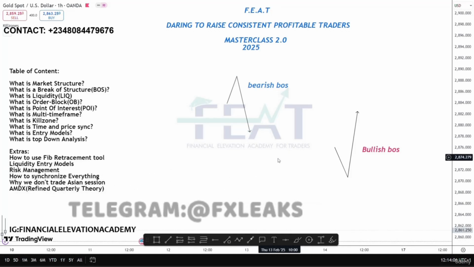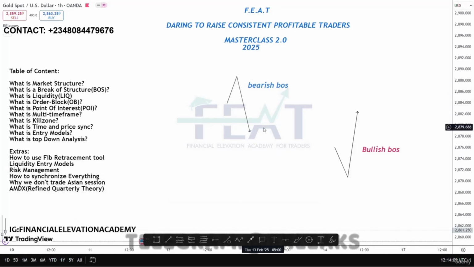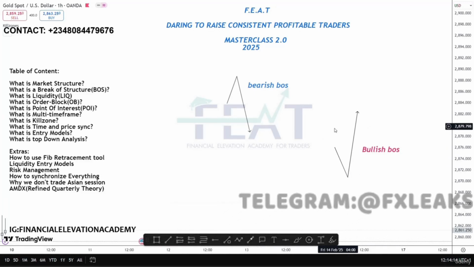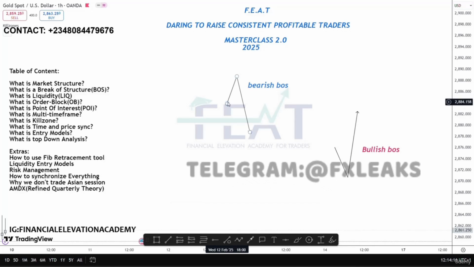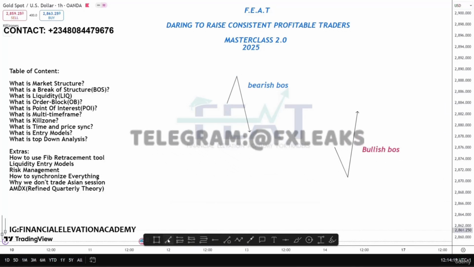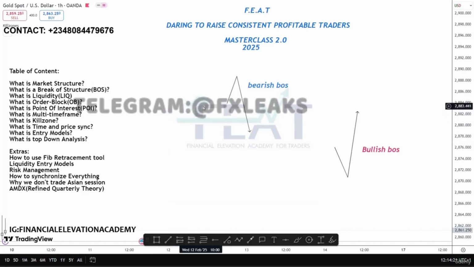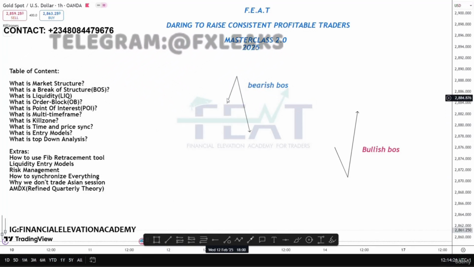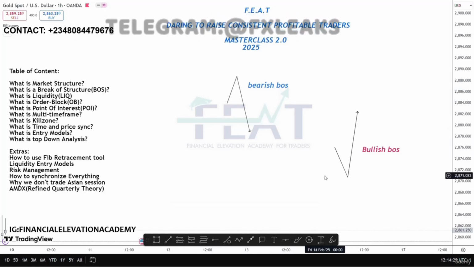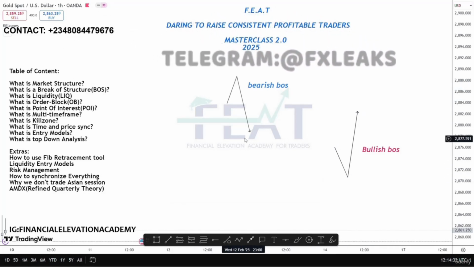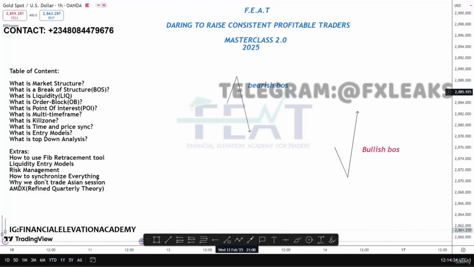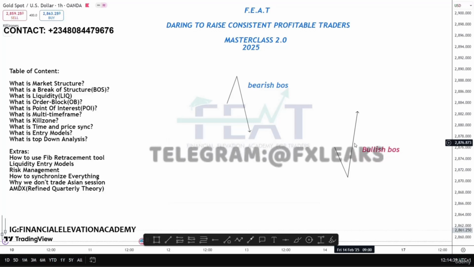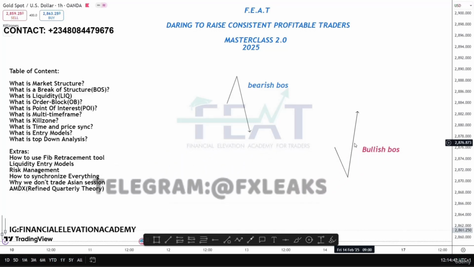Okay, so this is a breakout structure here, a bearish one, and this is a bullish one, and as such, when we want to take notes, because sometimes you would probably not see the structure play out like the previous one, like I drew earlier, a shoulder here and a shoulder here, but this also is a breakout structure because we want to be able to note this precisely. Okay, so moving on, let's talk quickly about what an order block is.